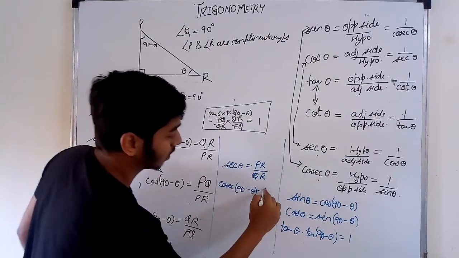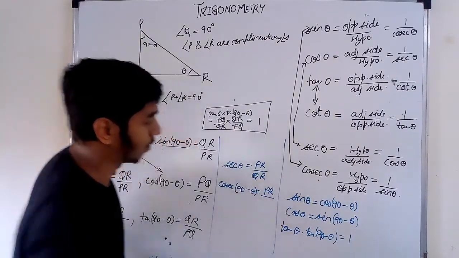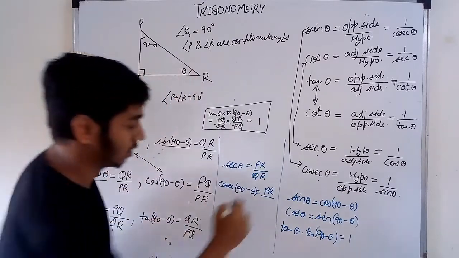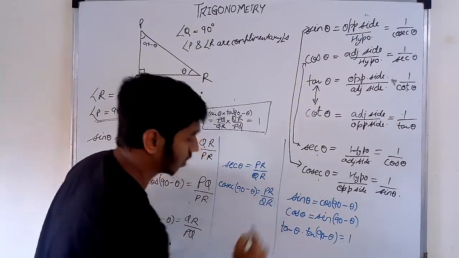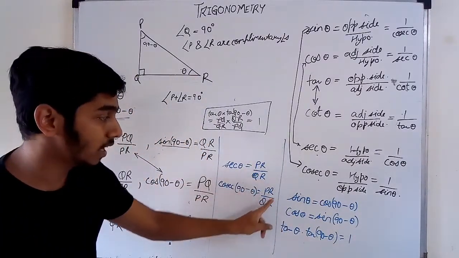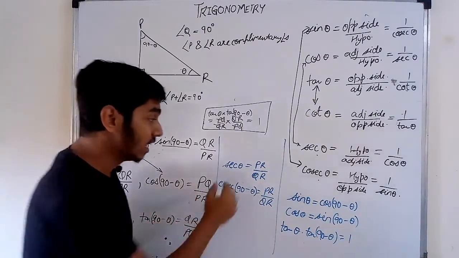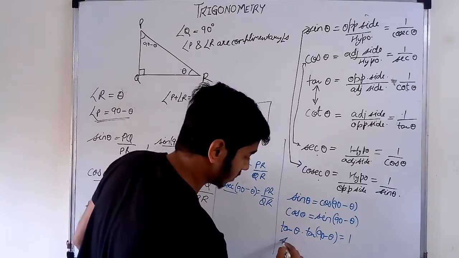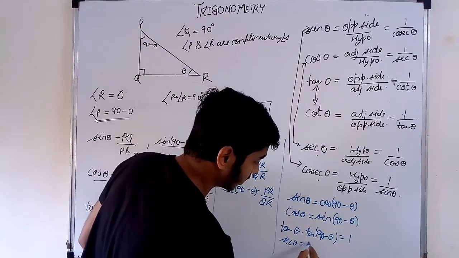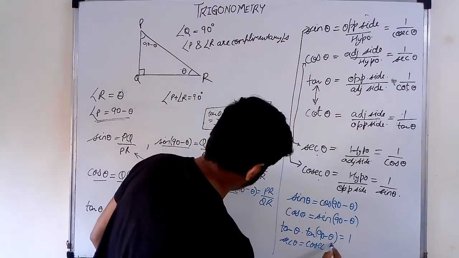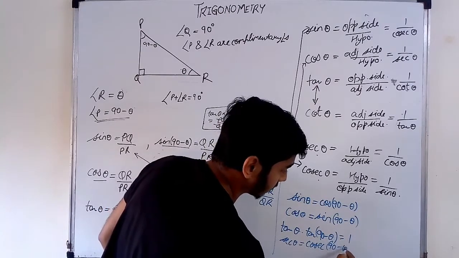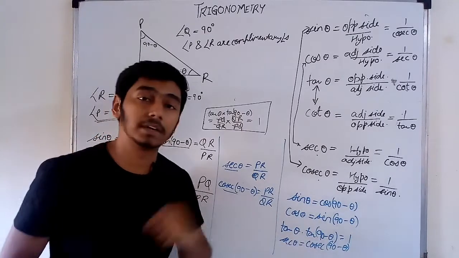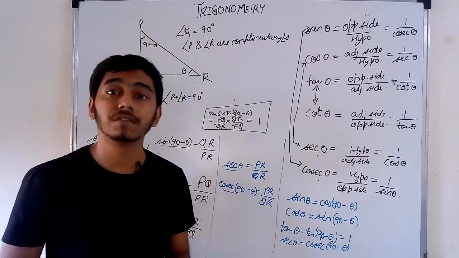Hypotenuse is PR, opposite side is QR, so PR upon QR. So the relation between sec and cosec is that sec theta is cosec 90 minus theta. Same way, cosec theta is sec 90 minus theta.